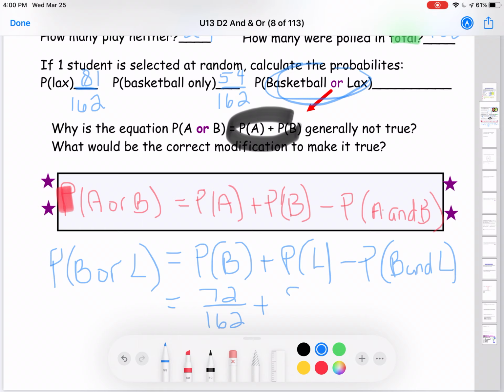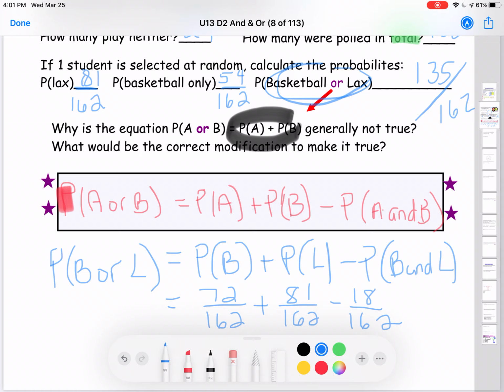Probability of lacrosse is 81 over 162 minus the probability of both. And we're left with 135 out of 162.